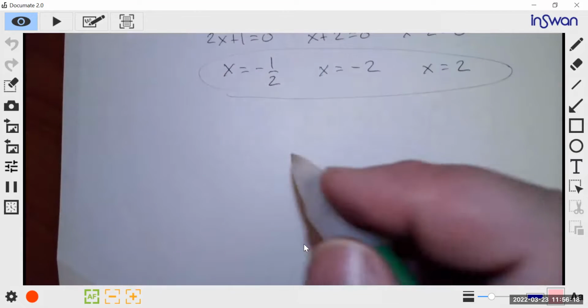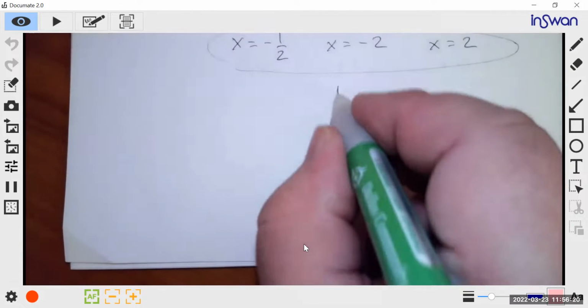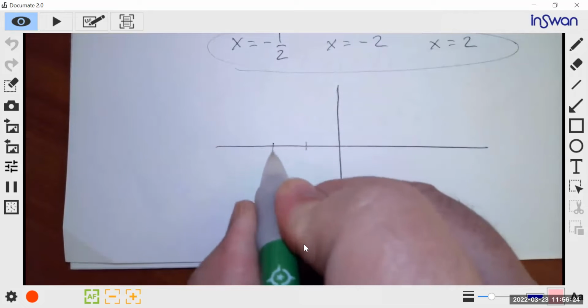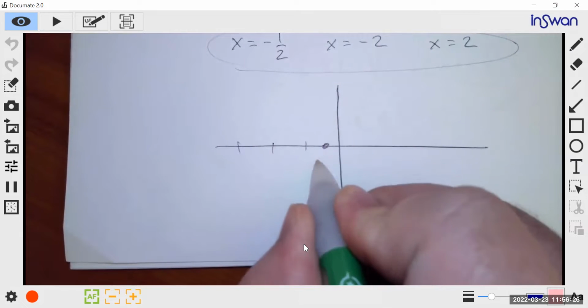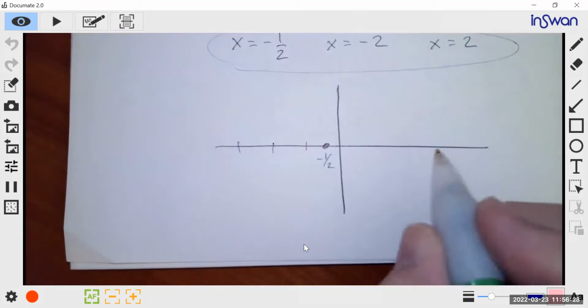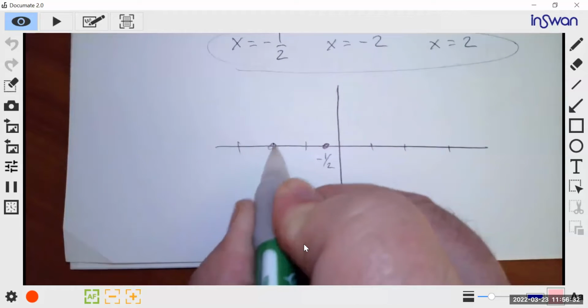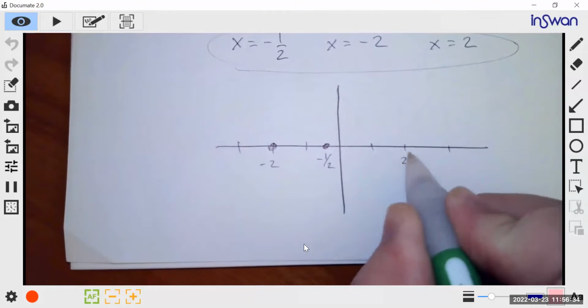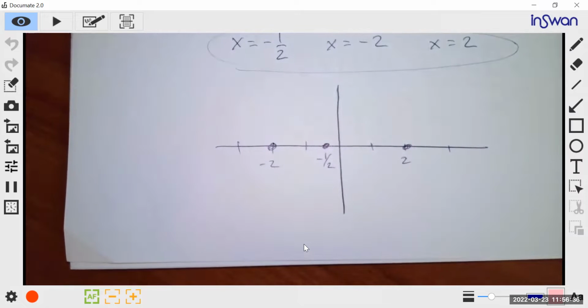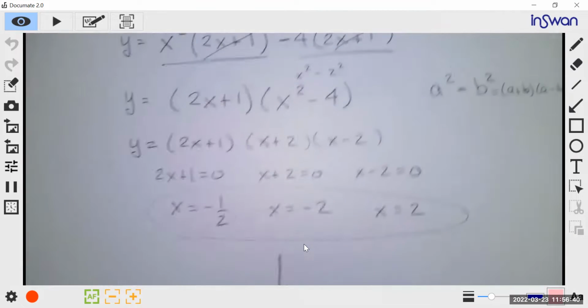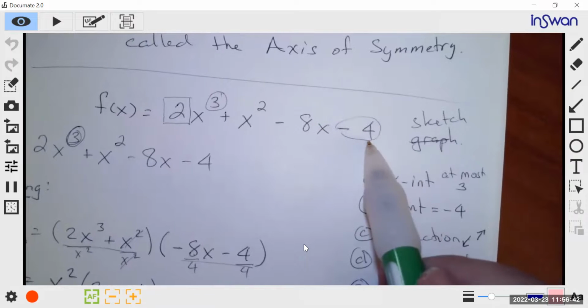All right, so in our graph, what do we have so far? We know our x-intercepts are at -1/2, -2 and +2. We know that our y-intercept is -4.